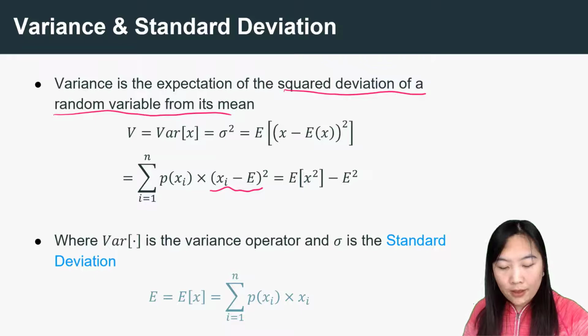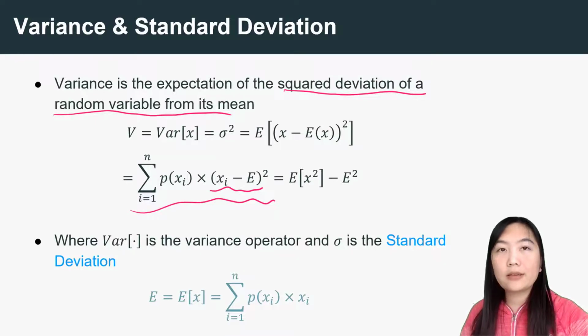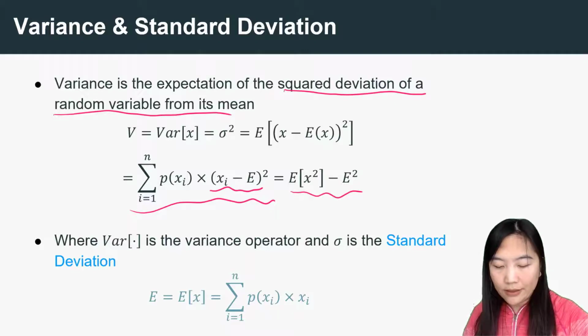If you simplify this expression, you can get that the variance is equal to the expectation of x squared minus the square of the expectation.